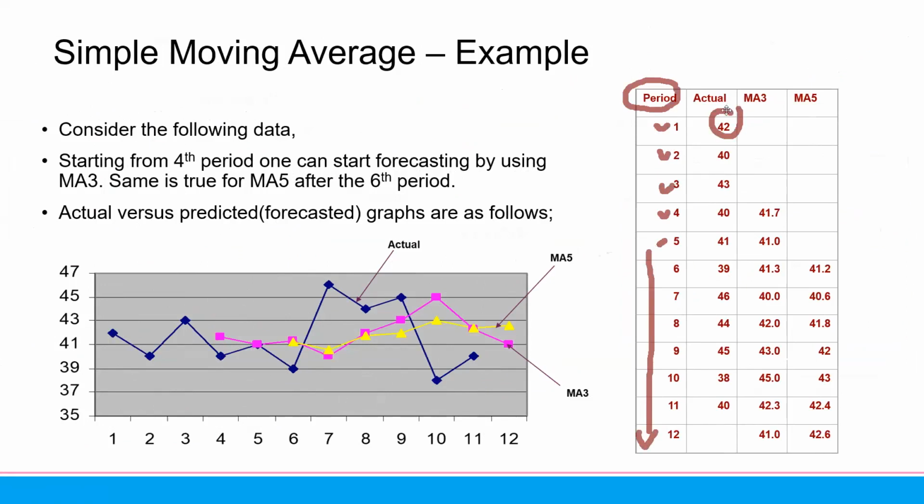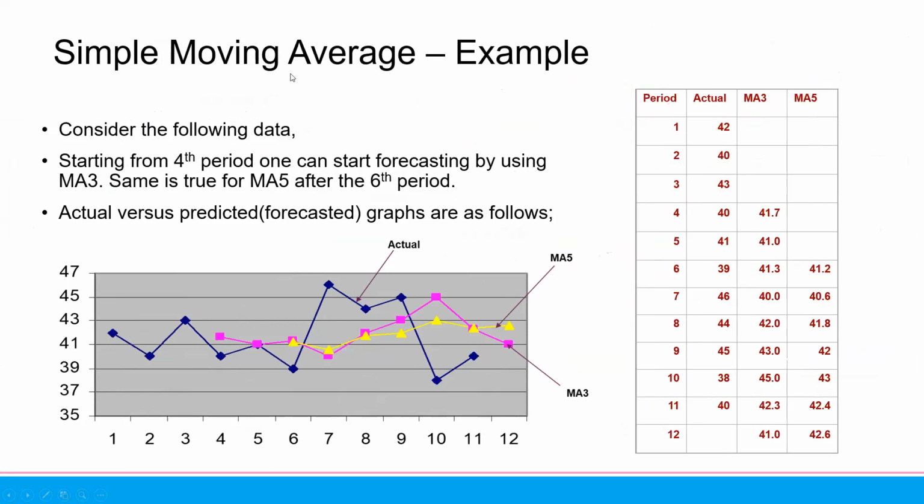Let's say this is quantity. In period 1, a store can sell 42 items. In period 2, the store can sell 40 items. In period 3, the store can sell 43 items, and so on. So we have 12 periods.